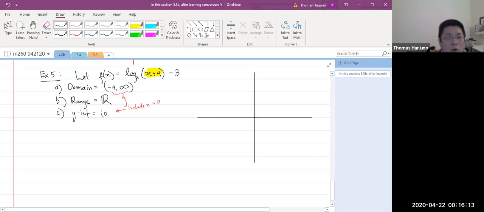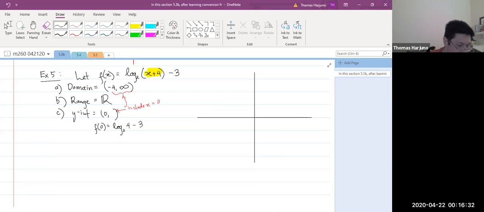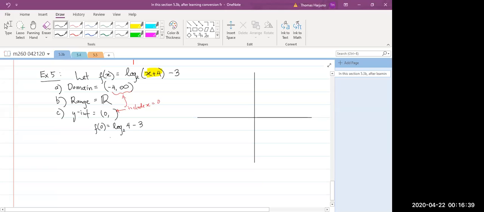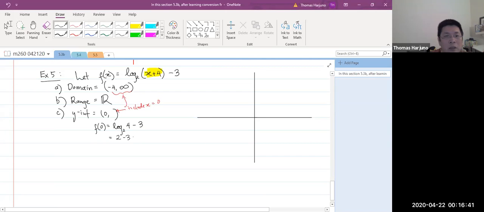It must be 0 comma something. To find it, we plug in: f(0) equals log base 2 of 4 minus 3. What is log base 2 of 4? That's 2. So this equals 2 minus 3, which is -1. So the y-intercept is (0, -1).